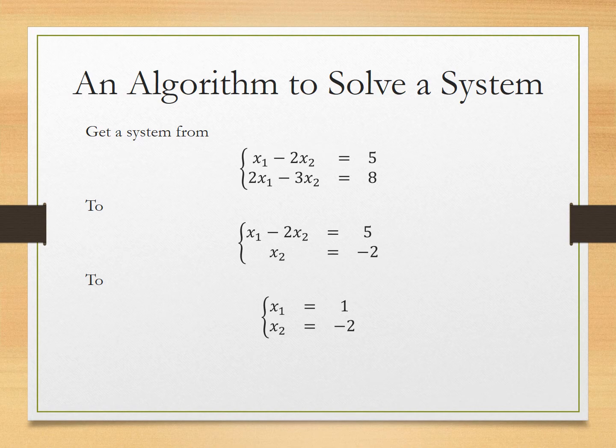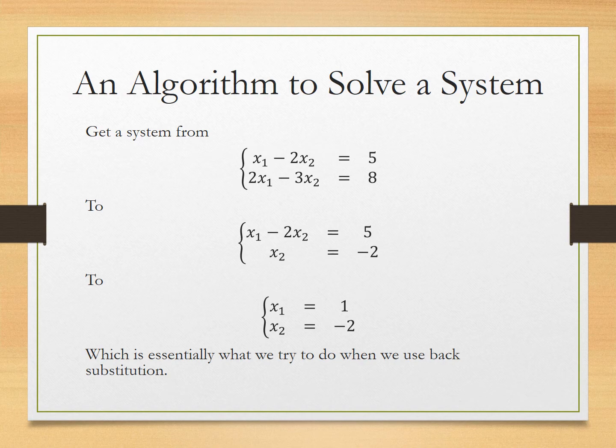This might be stating the obvious to you, right? After all, that's kind of what you do with back substitution. You substitute one equation into the other, and hopefully you would be able to get the solutions at the end. So this is what we do when we try to solve a system of equations.